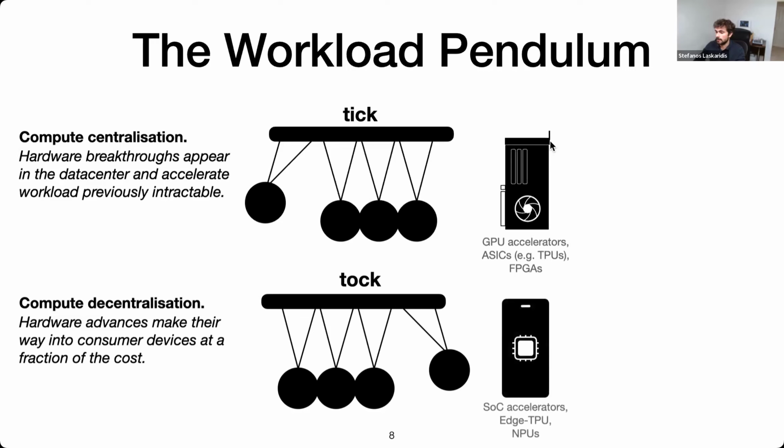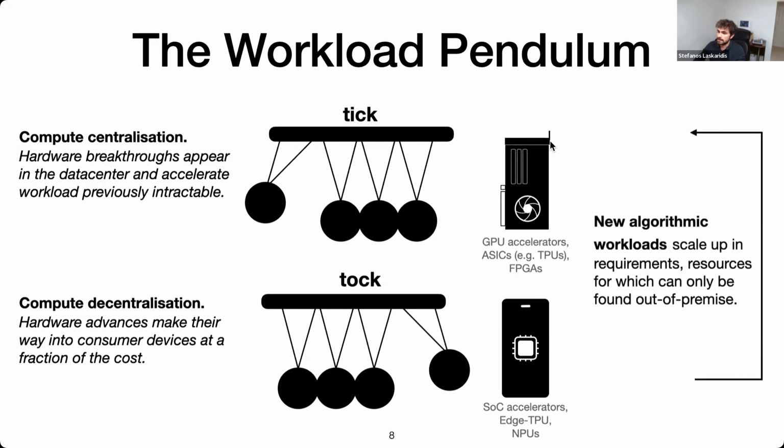Examples include various system on chip accelerators, such as NPUs or even the Edge TPU. Last, this cycle is completed by workloads scaling up in their requirements, which necessitates new hardware breakthroughs in order to execute these new workloads. And thus, the cycle starts all over again.